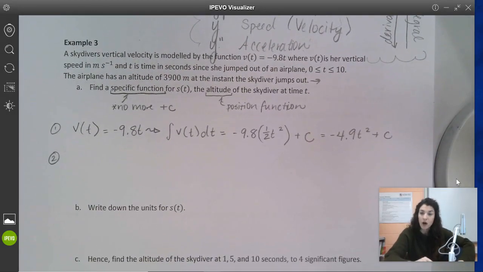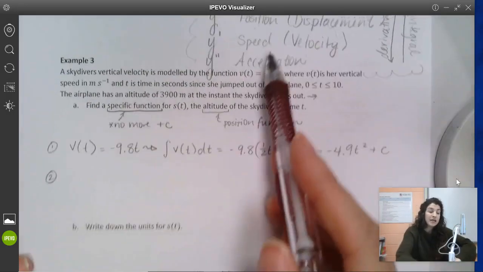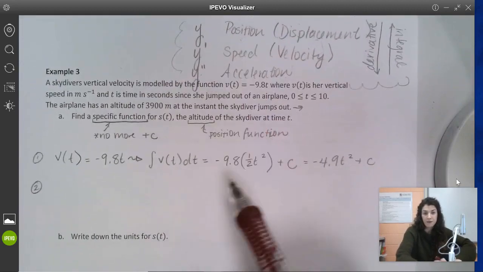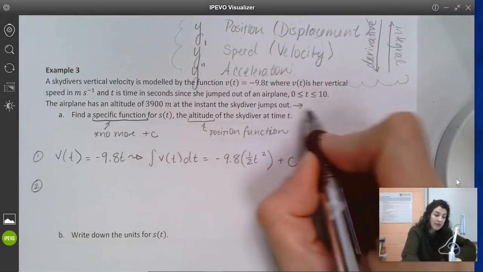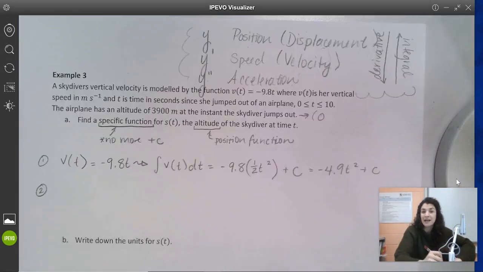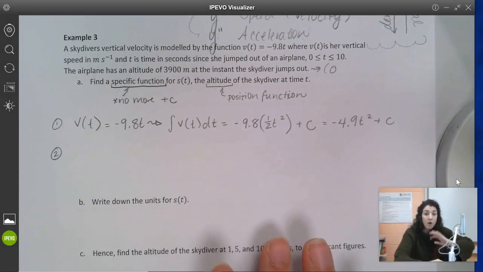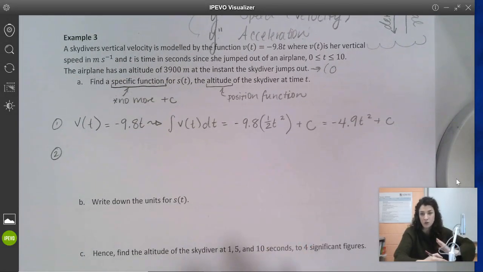It is a point on your position, your displacement function, right? And so if the initial time, at the instant the skydiver jumps out, we say that the time is 0. So technically at 0, they haven't jumped yet, but the idea of the moment they jump out is like milliseconds after 0. So we just call it 0.